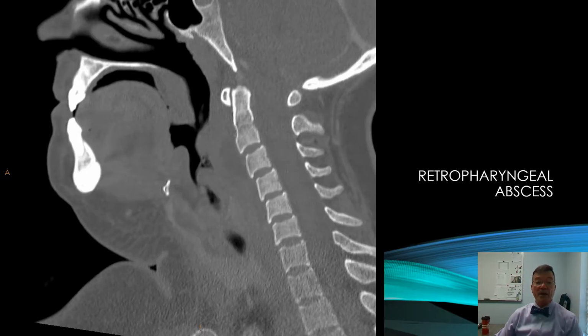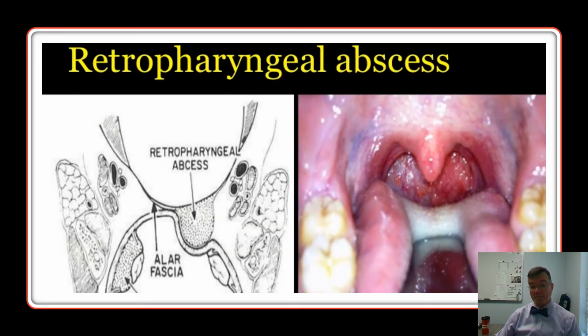Now let's talk a little bit about retropharyngeal abscess formation. Often this occurs from a bacterial infection of the retropharyngeal space, often seen following a dental or tonsillar surgery. You can see on the diagram to the left that you have the retropharyngeal abscess pushing forward and cramping the space where your trachea is, or your posterior pharynx.